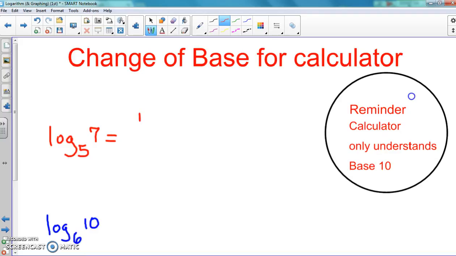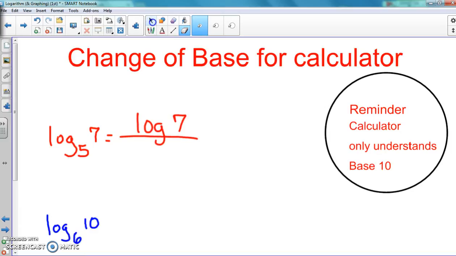So when we do this next part, it's going to be very simple and easy. It's going to be log 7 over log 5, and then we put it in the calculator.